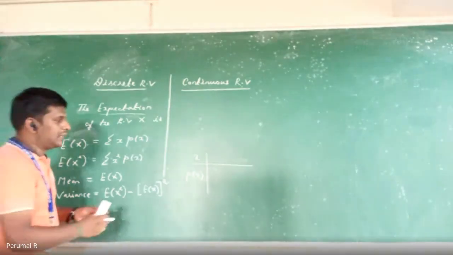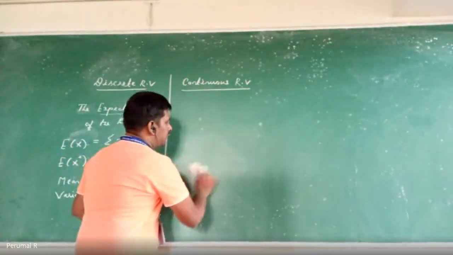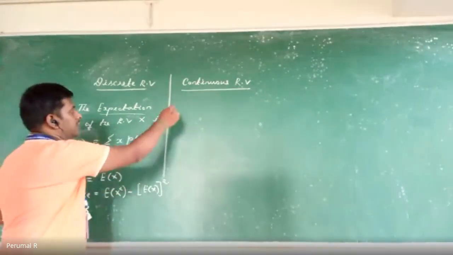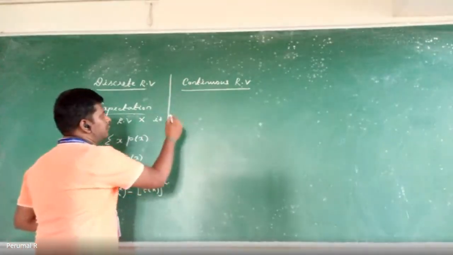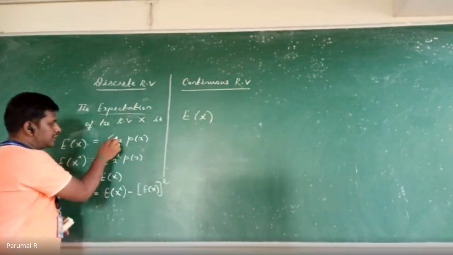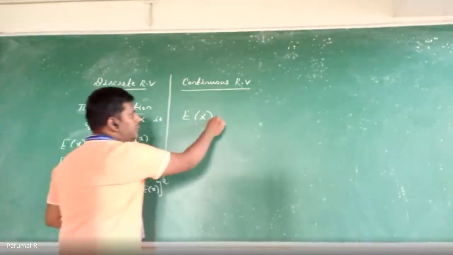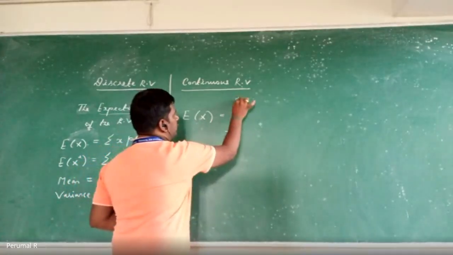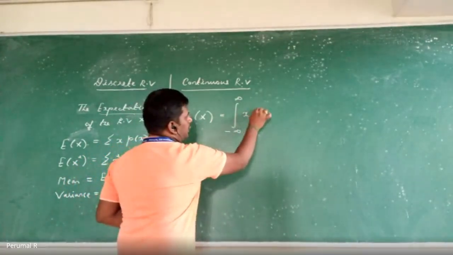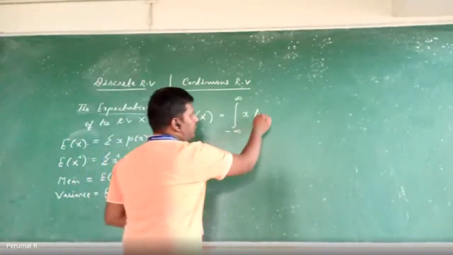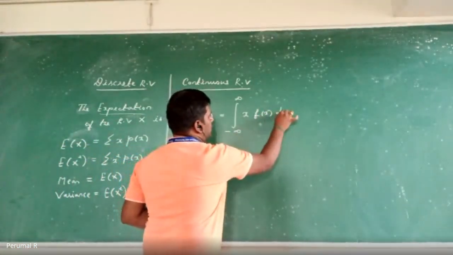Similarly, we have to write the formula for finding the expectation of the continuous random variable. Here continuous means we have the interval from minus infinity to infinity. Expectation of x is the integral from minus infinity to infinity of x into f of x dx, where the probability function is f of x.